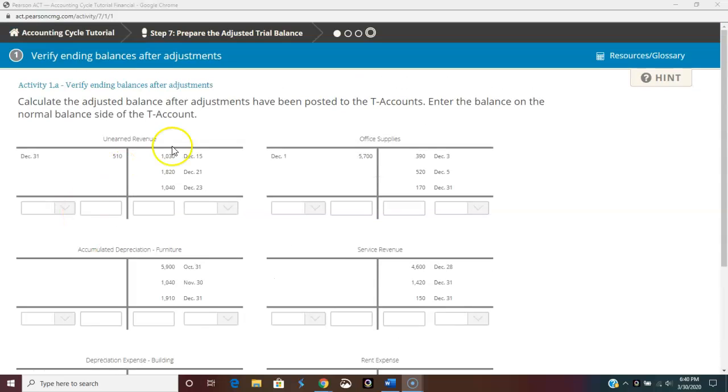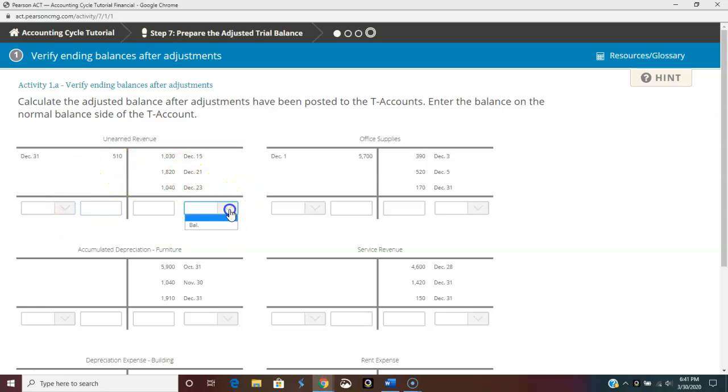Okay. Calculate the adjusted balance after adjustments have been posted to the T accounts. Enter the balance on the normal side of the T account. So we have unearned revenue, and all of these adjustments have been posted. Unearned revenue has a credit balance, correct? So on the debit side, we're not going to have anything.